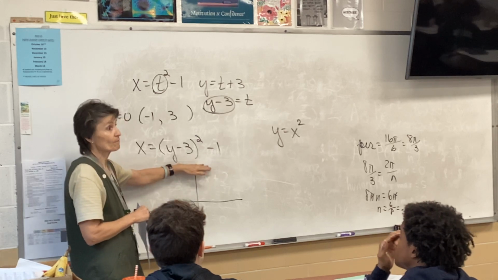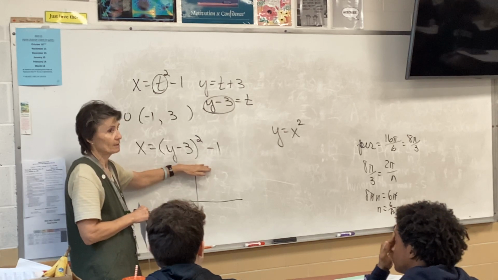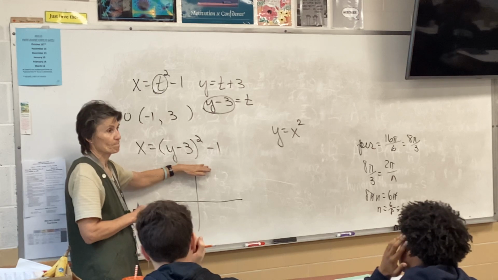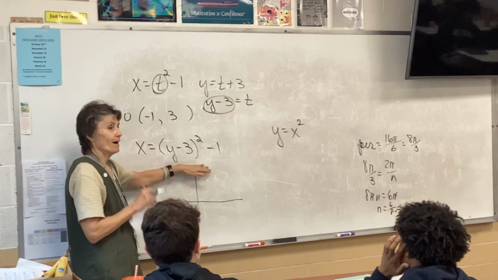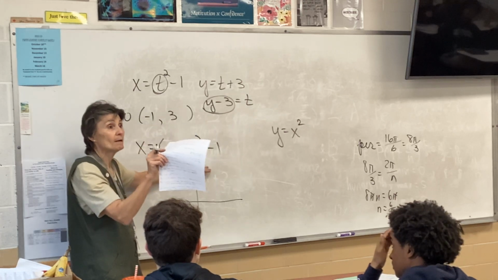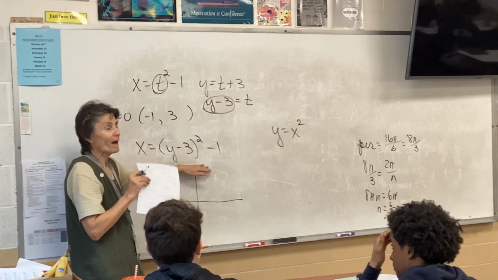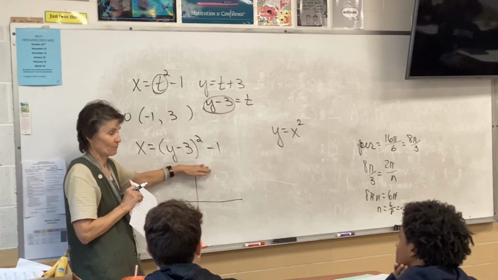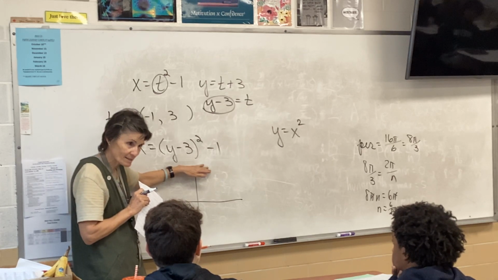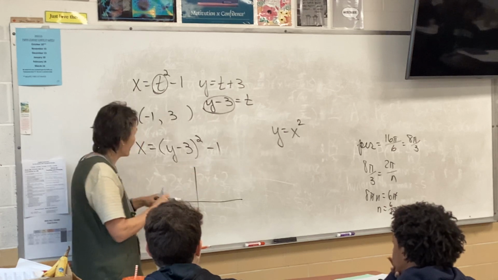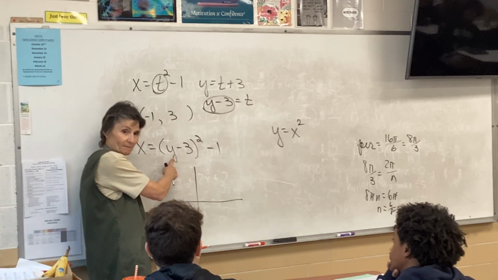Now, this is the vertex form of the parabola. Where's the vertex? It's negative 1, 3. Why is it at negative 1, 3? Because points are always x, comma, y. And the y is 3.